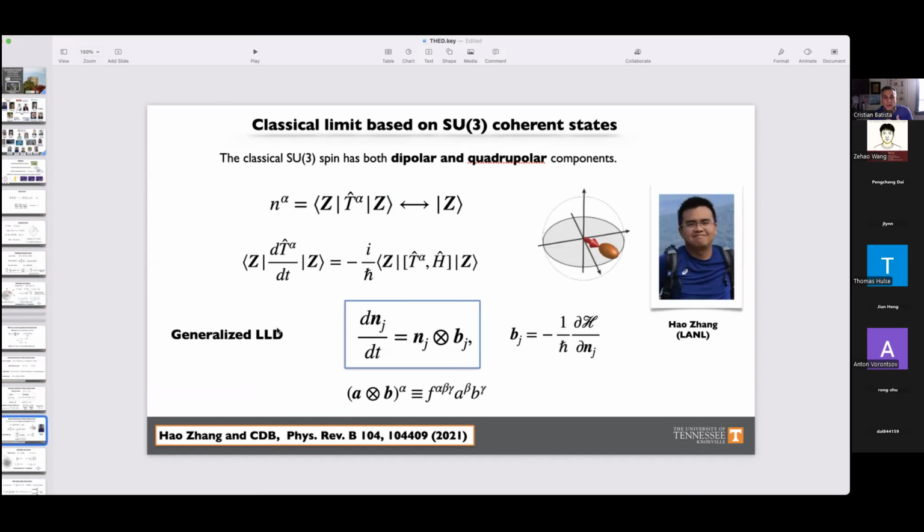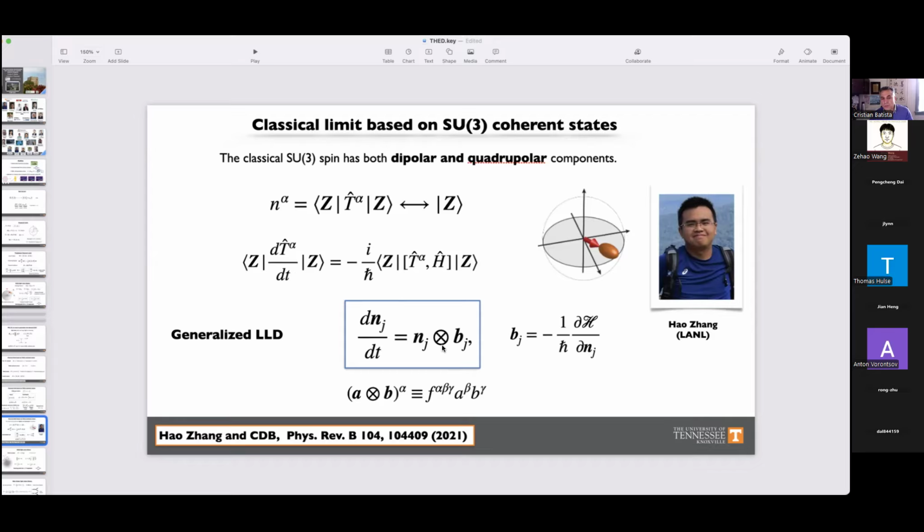So now our classical theory describes the evolution of both the dipolar and the quadrupolar components of this classical vector, right? And when we write this classical equation of motion, the derivative of this 8-dimensional vector as a function of time is, again, a cross product between the 8-dimensional vector and an effective field that is the derivative of the classical Hamiltonian with respect to each component of the vector.